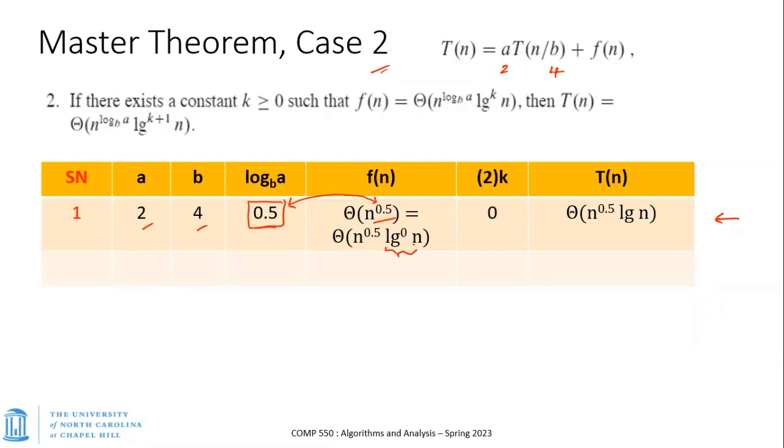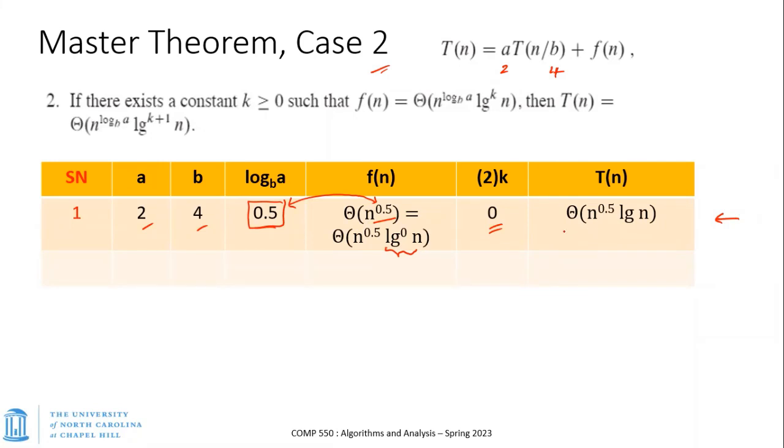So you can see that this is case 2, where essentially k is equal to 0, because anything to the power 0 is 1. These two are essentially equal, and your log is not really there, but it's essentially the power of 0.